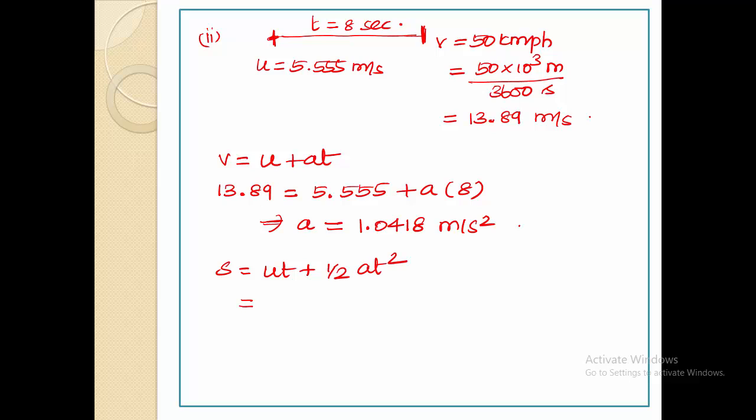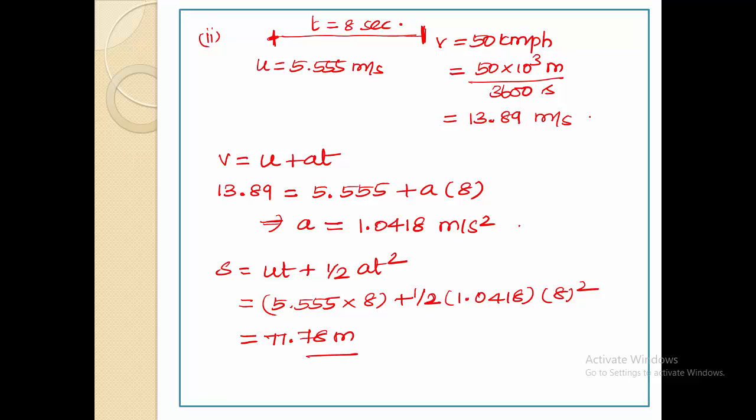Here u is 5.555 into 8 seconds plus half into acceleration 1.0418 into 8 square. By resolving this, we get the distance traveled for the second condition as 77.78 meter. This is all about the problem.